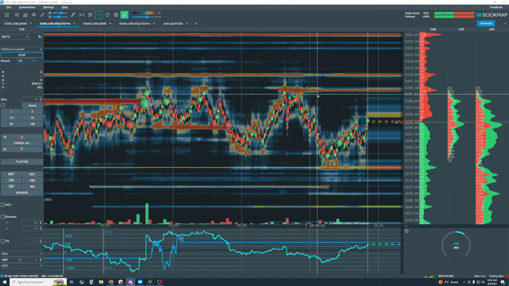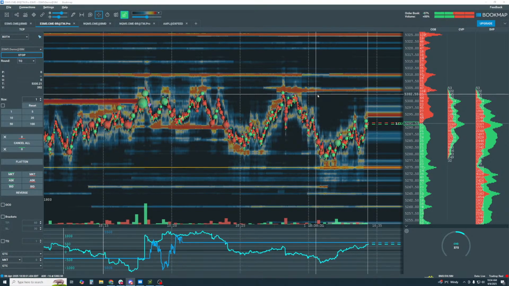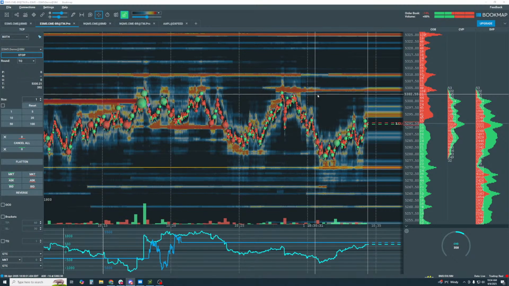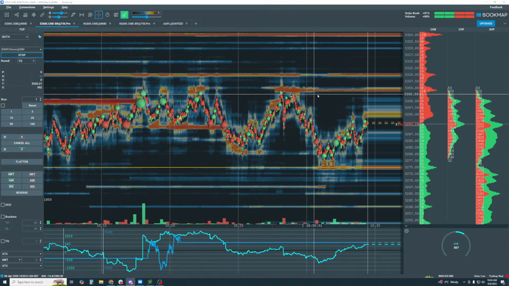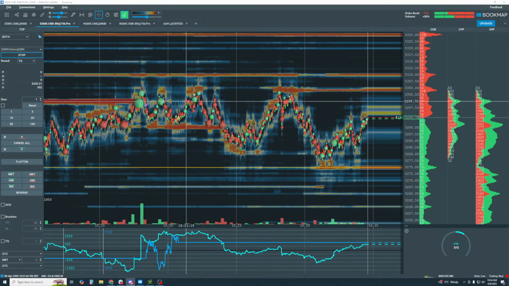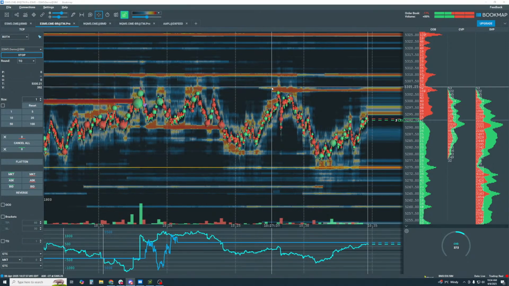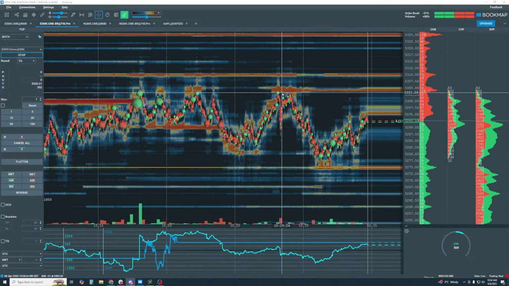Just to mention in here, a lot of the traditional setups that we look for in this session are not really presenting, like I had mentioned. We get these erratic swings, so it's volatility.